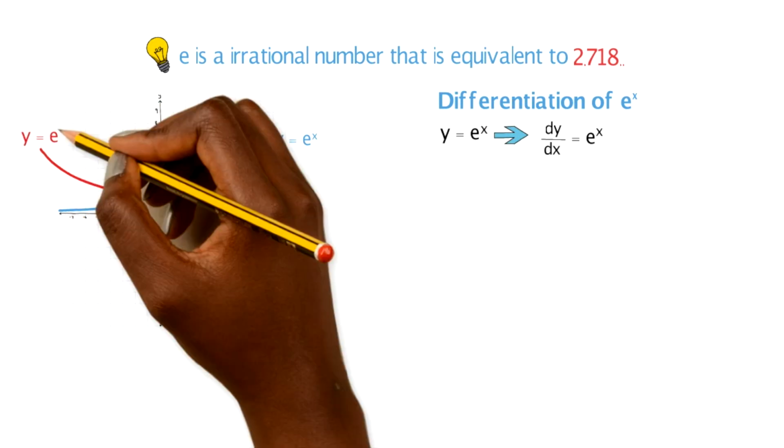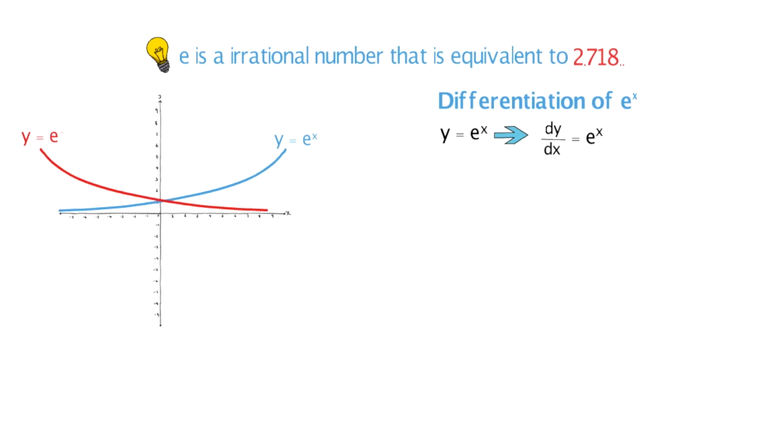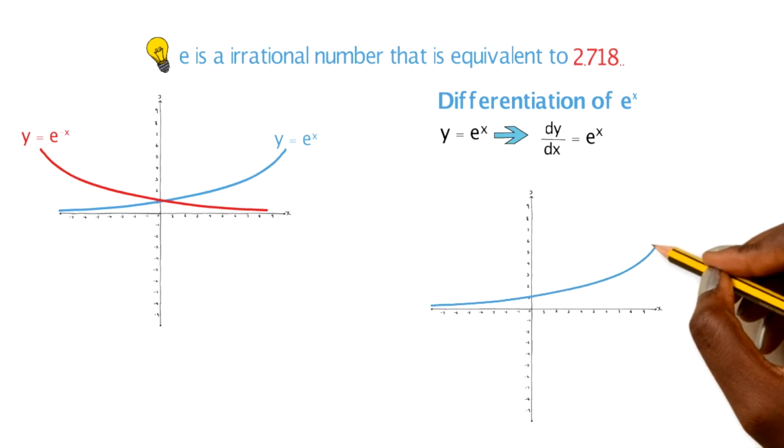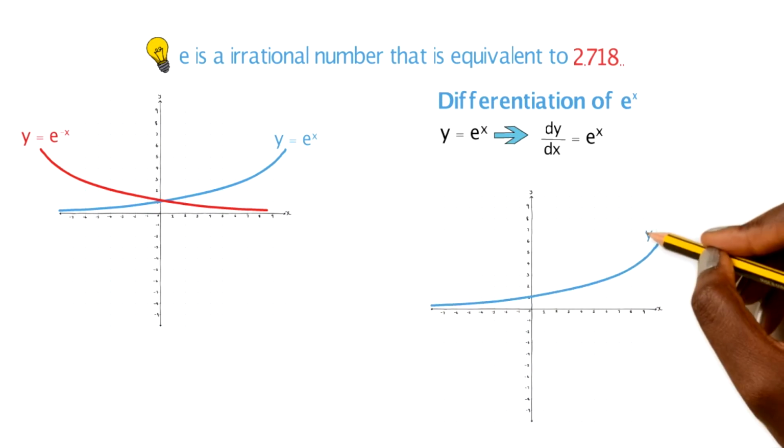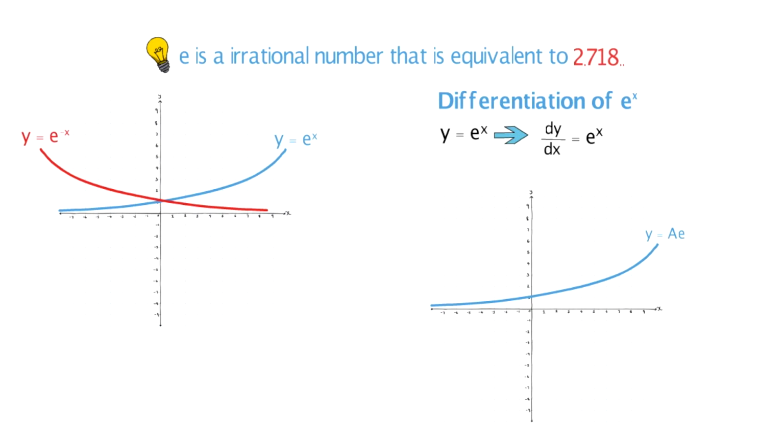But if you have y is equal to e to the negative power of x, that is also going to show exponential decay. So not just values of a being between 0 and 1, but also if you have a negative power. The same thing applies if we have y is equal to a e to the power of kx. This would show exponential growth when k is a constant that is greater than 0.